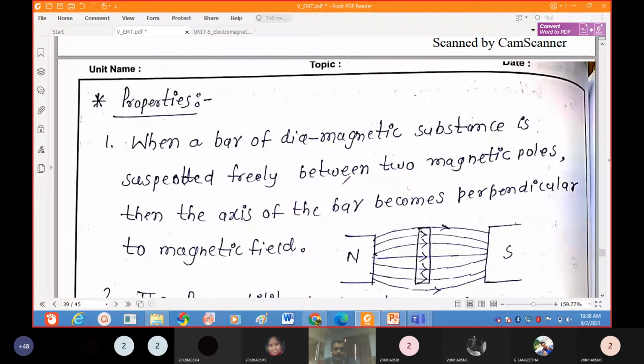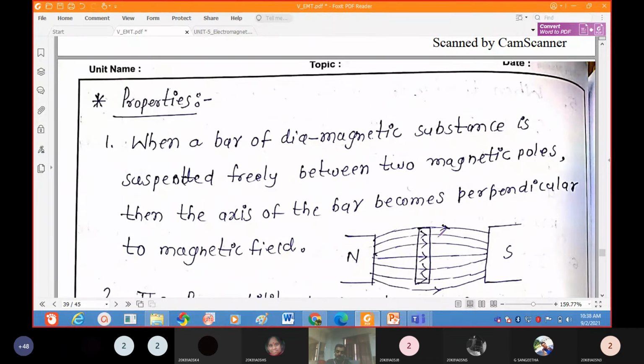Now the first property: when a bar of a diamagnetic substance is suspended freely between the two magnetic poles, the axis of the bar becomes perpendicular to the magnetic field. See here, we are taking very strong magnets, so due to these magnets some magnetic field is produced.